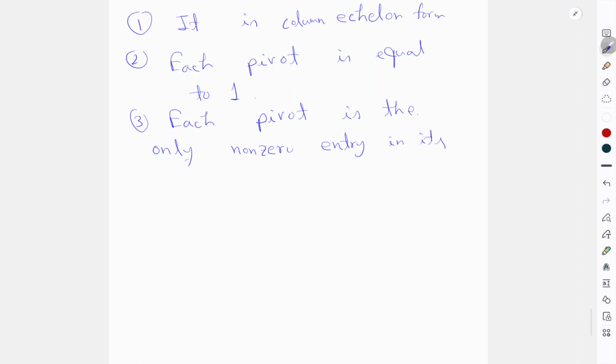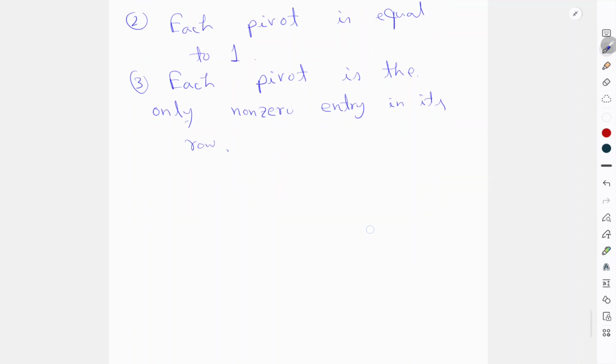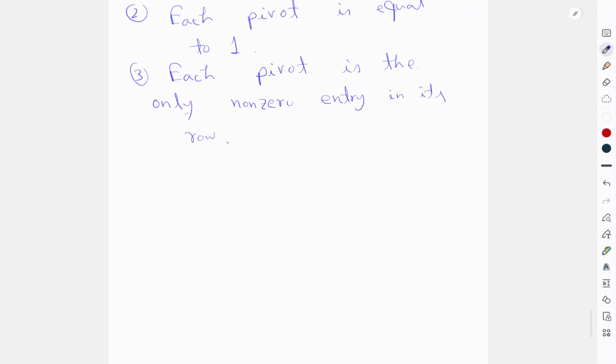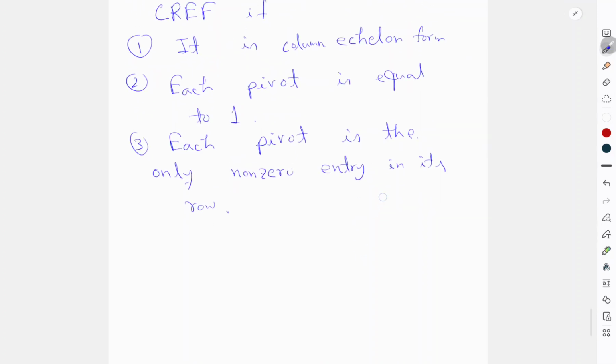So each pivot is equal to 1, and each pivot is the only non-zero entry in its row, right? And zero columns are always on the right in column echelon form.